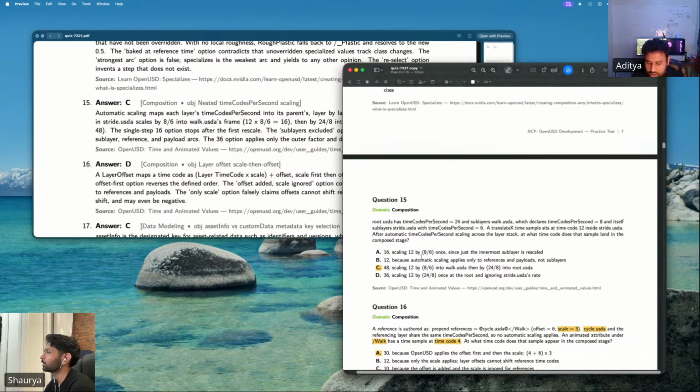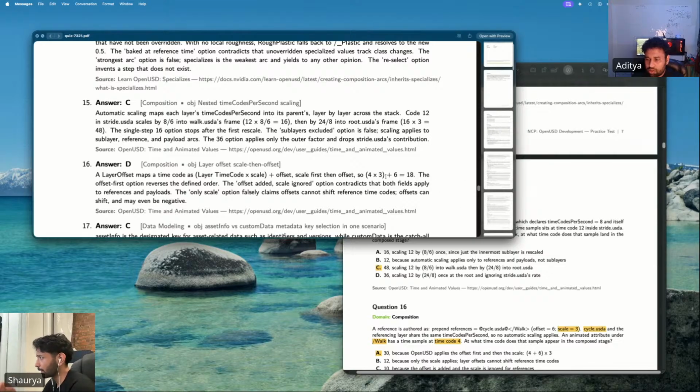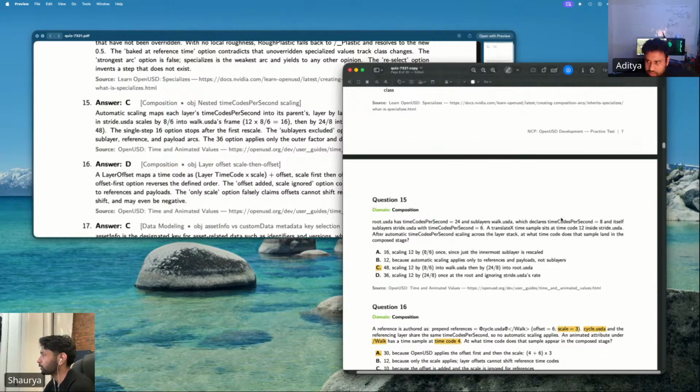48, scaling 12. Okay, root.usd. At what timecode does the sample land in the composed stage? Because sublayer stride.usda with timecodesPerSecond was 6, the translate X time sample sits at timecode 12 inside stride.usda, so it was basically 2 seconds.